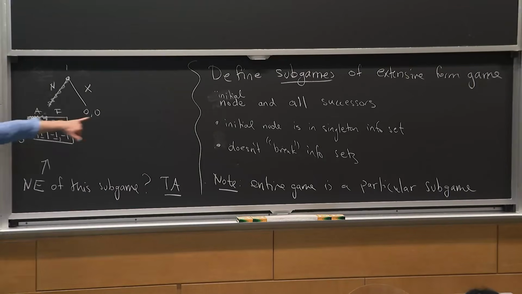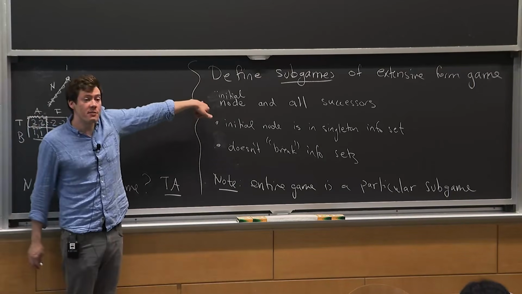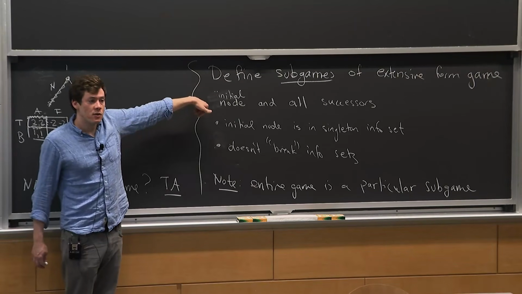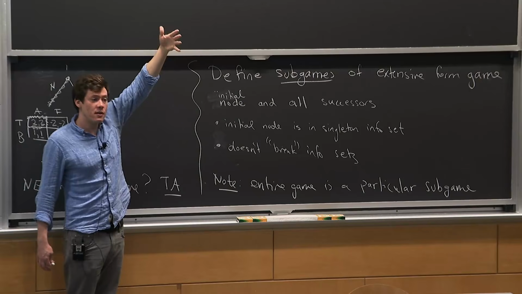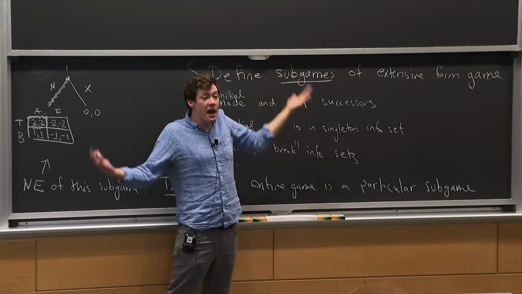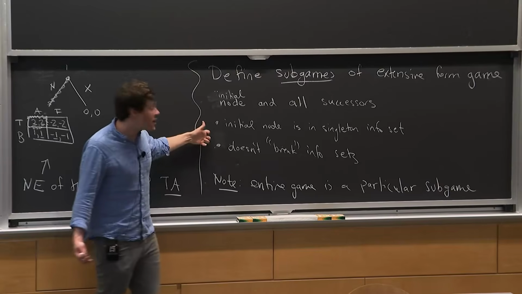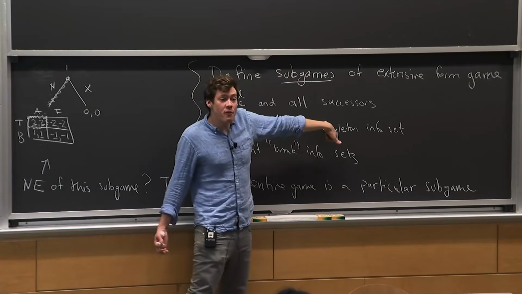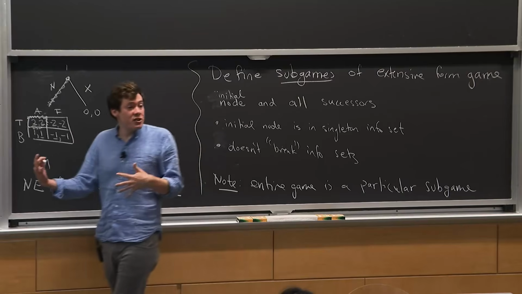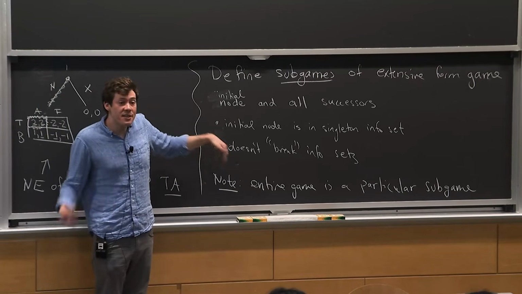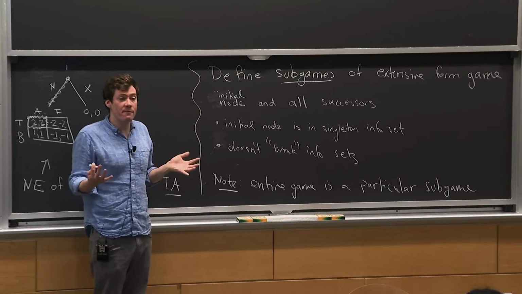What do we choose as our initial node for this subgame? We just choose the initial node of the game, right? If we take the initial node of the game and then all its successors, that's just going to be every node in the game. And then we have to check, are our two conditions satisfied? Well, that initial node better be in a singleton information set because that's part of the definition of an extensive form game. And it can't break information sets because where else could they go? We're including every node in the game.